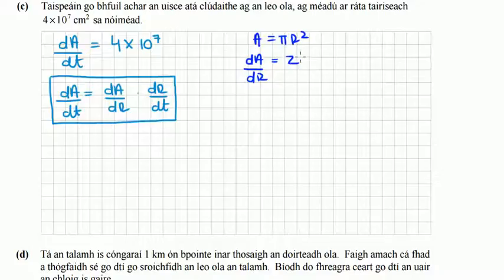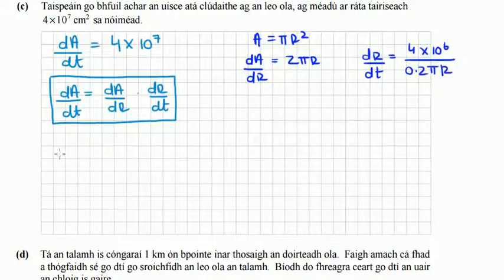So dA/dr is just going to be 2 pi r. And as I said from the previous part, dr/dt we found was 4 multiplied by 10 to the power of 6 over 0.2 pi r. So all we have to do is substitute these two things in.